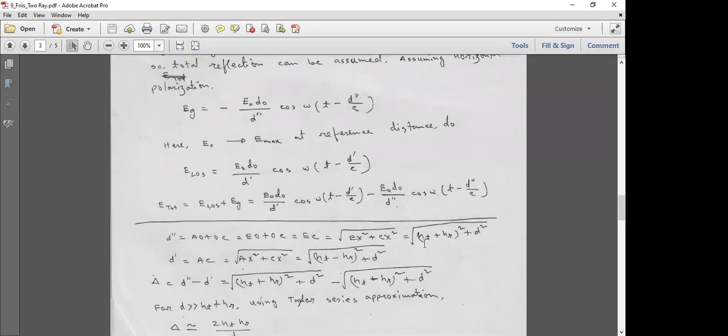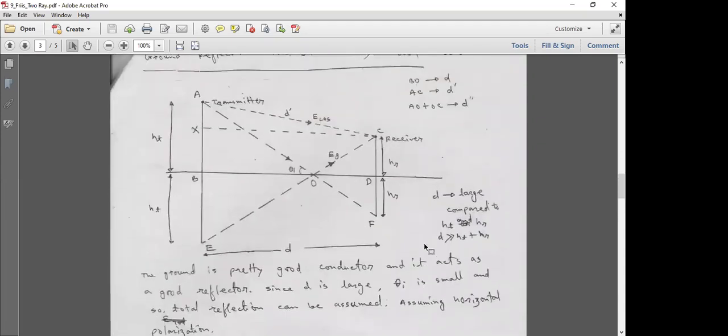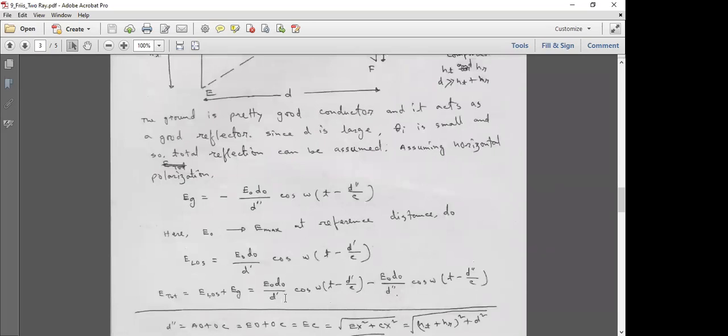Now what is important here is the path difference, because we have a summation of two different signals, and there is a phase difference. As they arrive, they come with different phase. Now, the summation depends on the phase difference. If they were in phase, then we would just simply add.